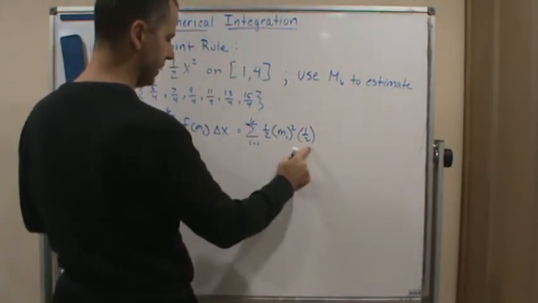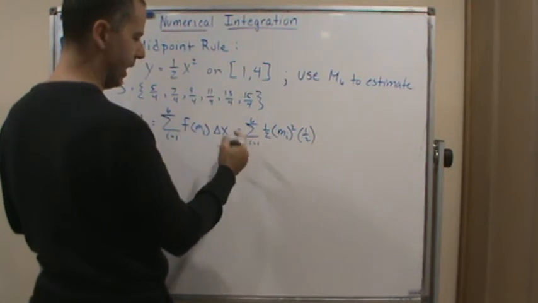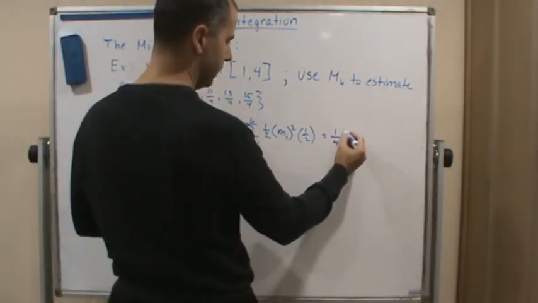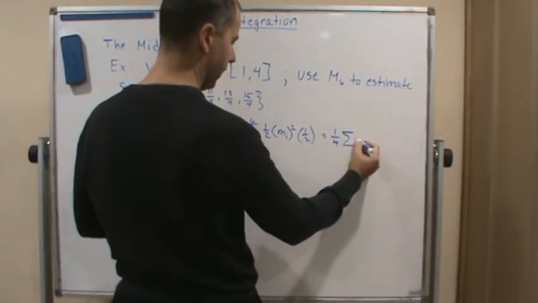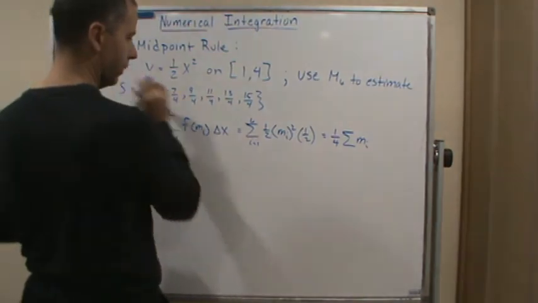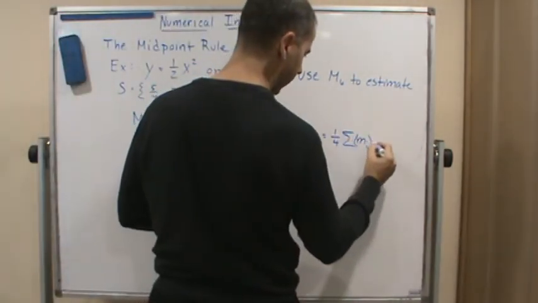Now here, these are constants, so I can pull the constants out of the sum. I can write this as 1/4 times the sum of m sub i squared.